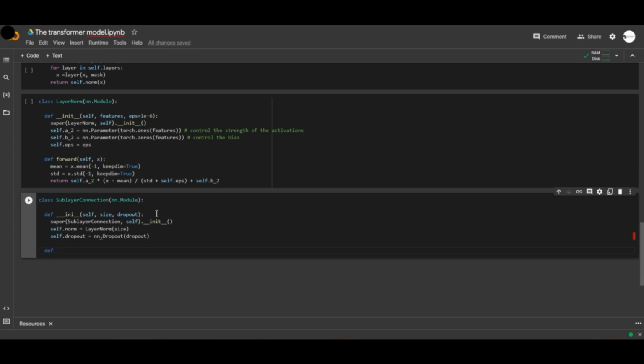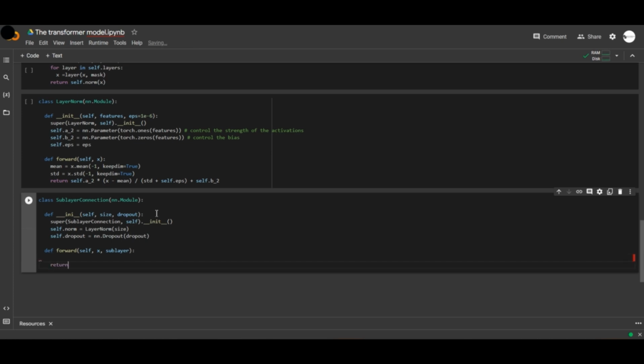Then I'm saying def forward. We pass in the self, we have an x, we have the sublayer. The most important thing that we should keep in note is that we want all the sublayers to maintain the d dimension, so that when we add x to the output of these sublayers, we are able to add them, because if they have different dimensions, we're not going to be able to add them, right?